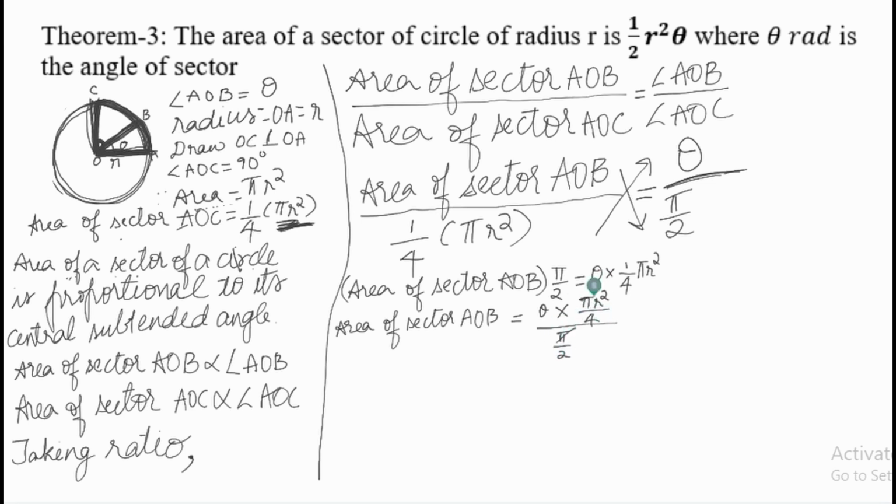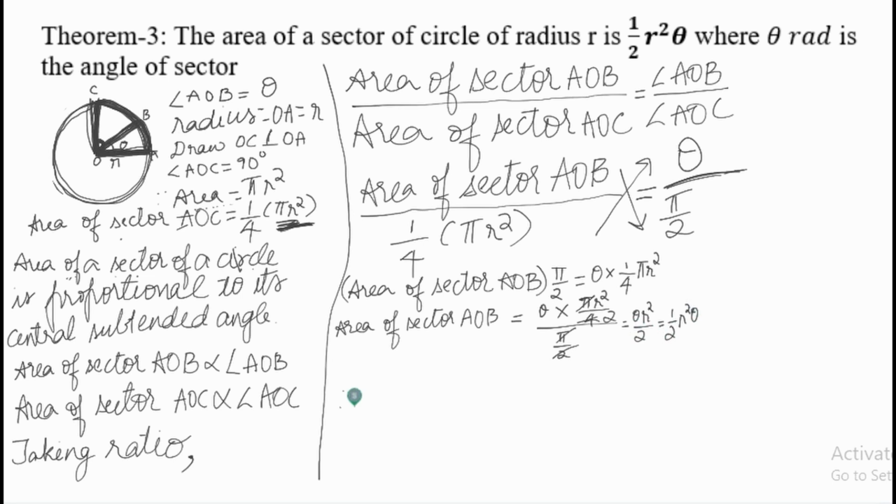Pi gets cancelled out and we get theta r square by 2, which is equal to half r square theta.